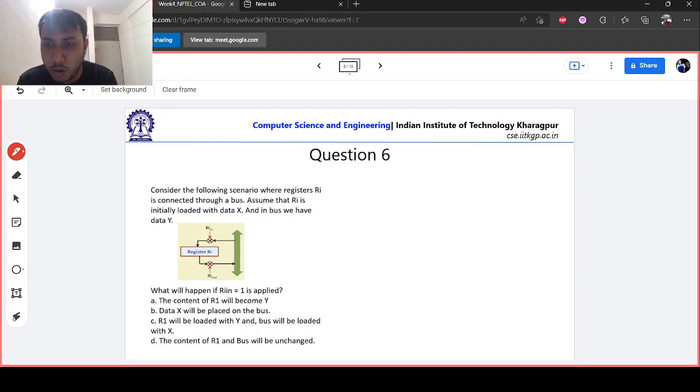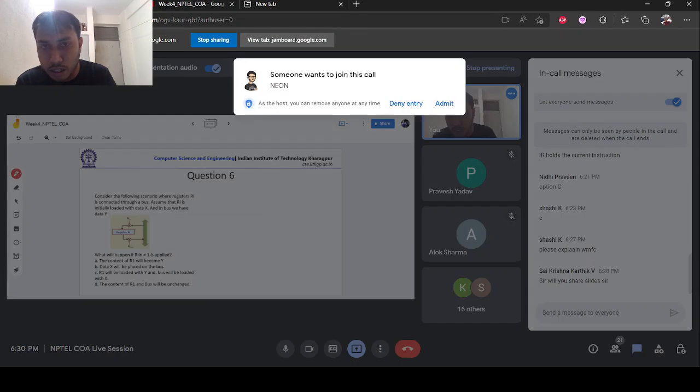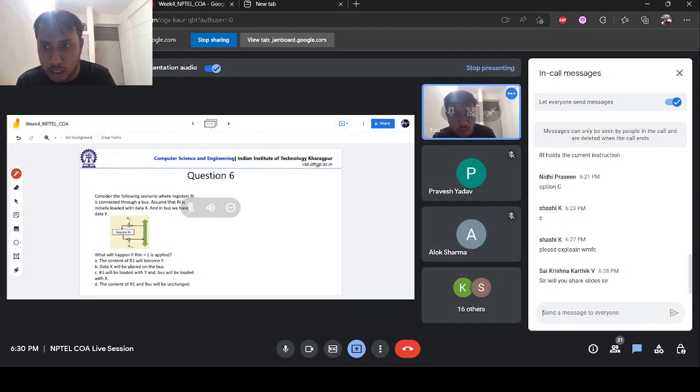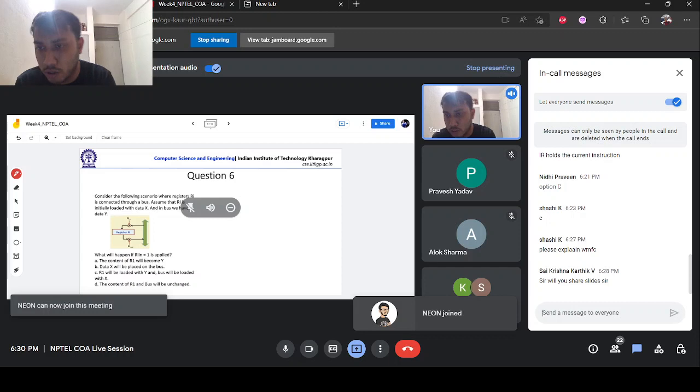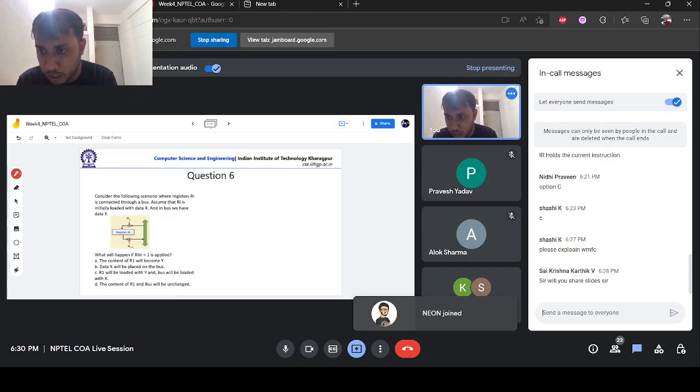The options are: option A, content of Ri will become Y. Option B, data X will be placed on the bus. Option C, Ri is loaded with Y and the bus will be loaded with X. Option D, the content of Ri and bus will be unchanged.